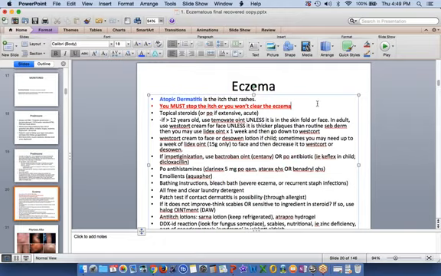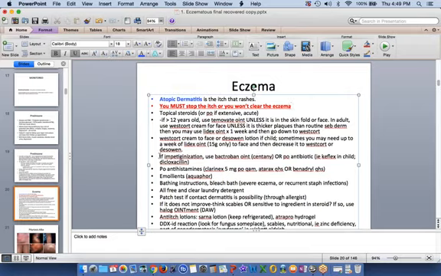We'll talk about that later. And as you know, if you're going to use clobetasol ointment, which is what Temovate is, you should get consent forms in kids. And I'll tell you what I do, I get consent and I use it in the worst kids ever.